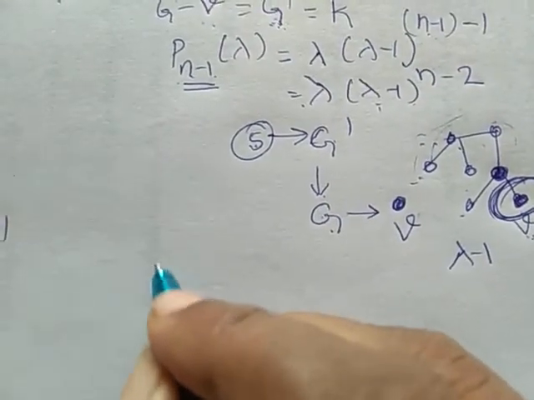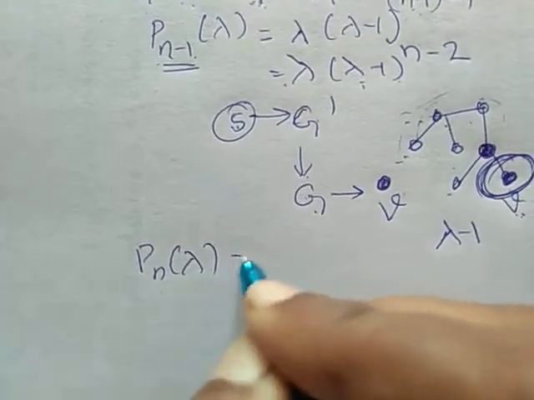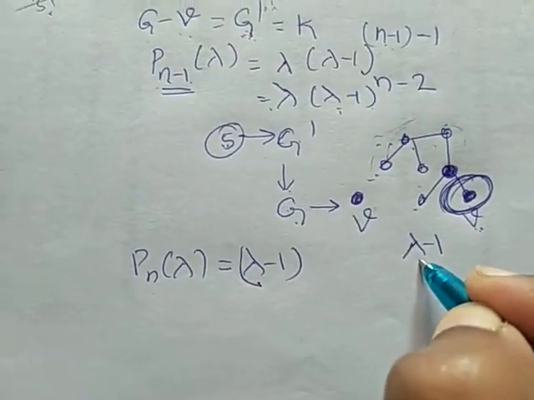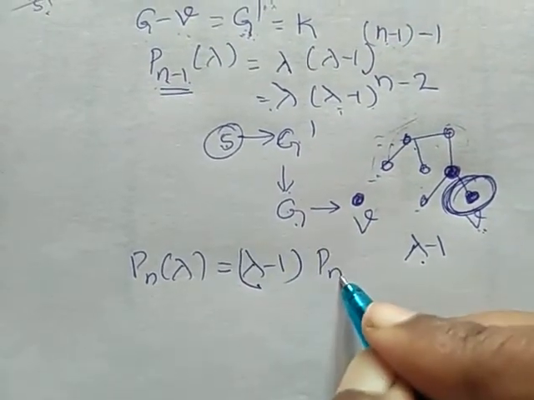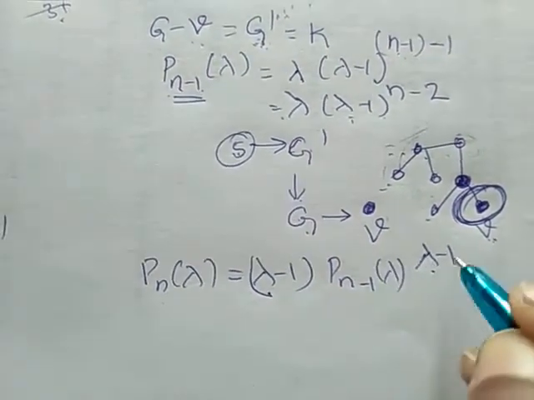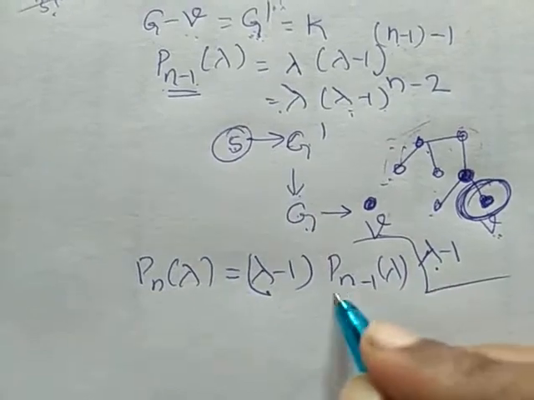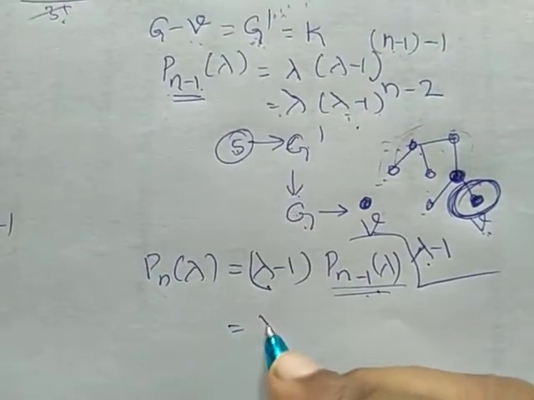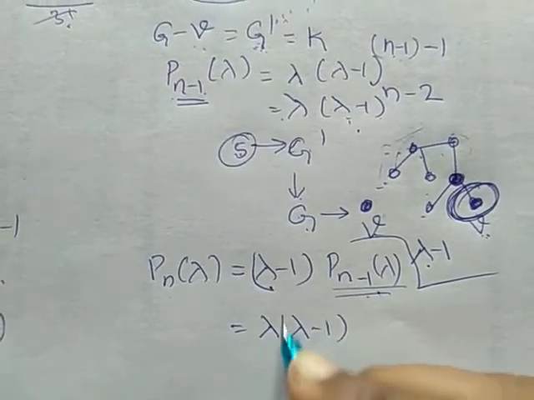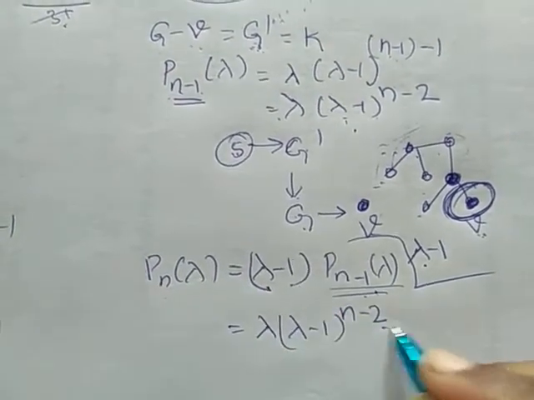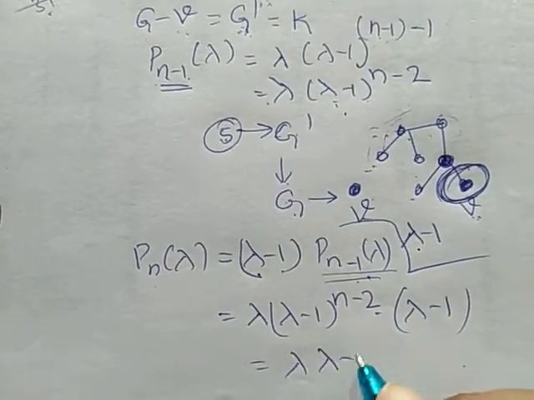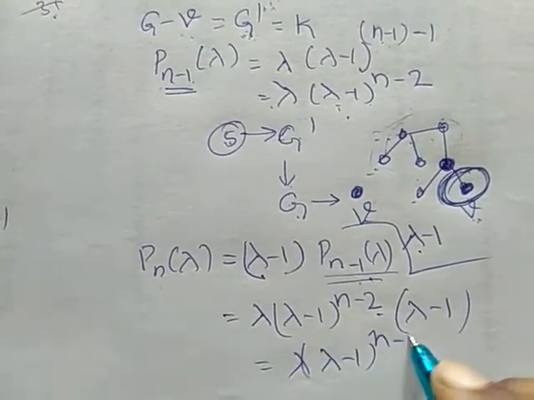So P n of lambda is lambda minus 1 times P n minus 1 of lambda, because in lambda minus 1 ways we can color. So what is P n minus 1 of lambda? Already we got it. Substituting lambda into lambda minus 1 to the power n minus 2, into lambda minus 1, we will get lambda into lambda minus 1 to the power n minus 1.